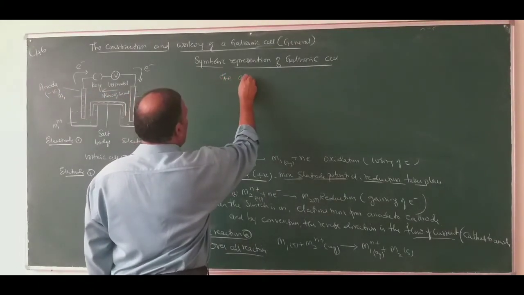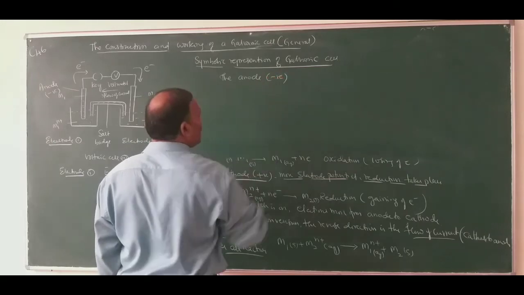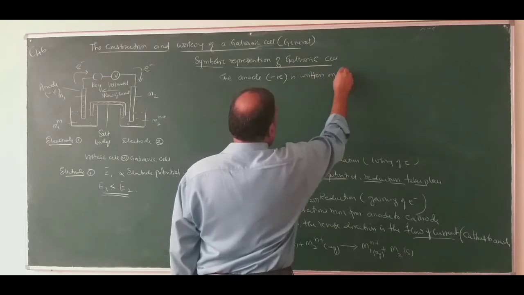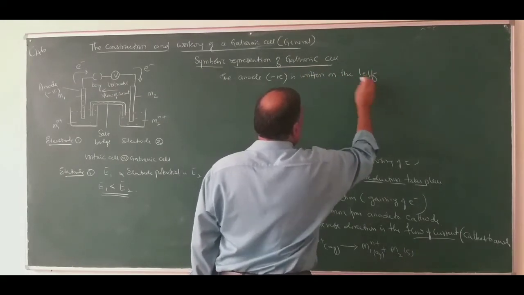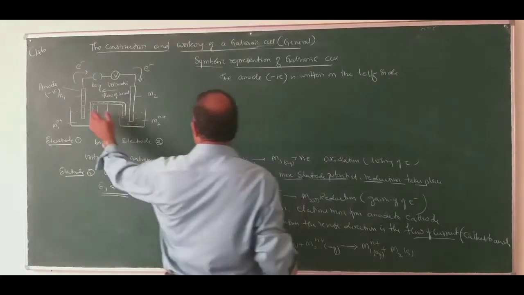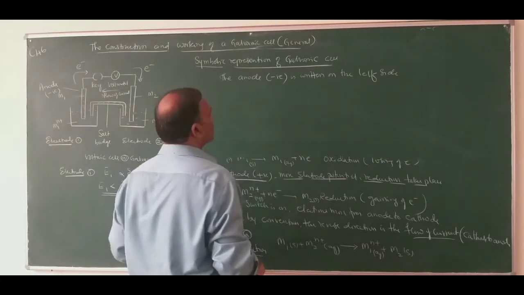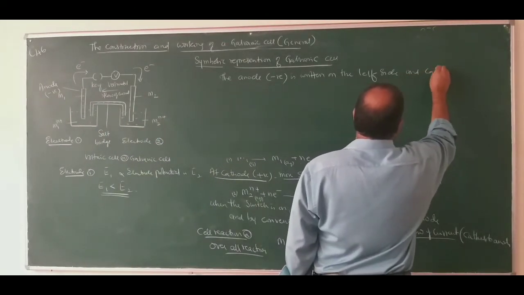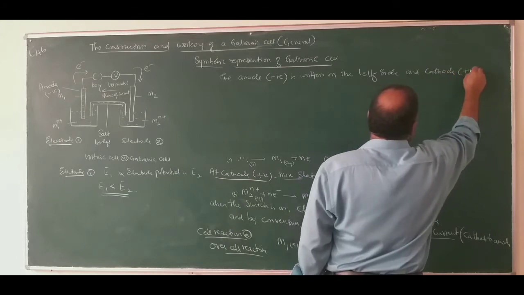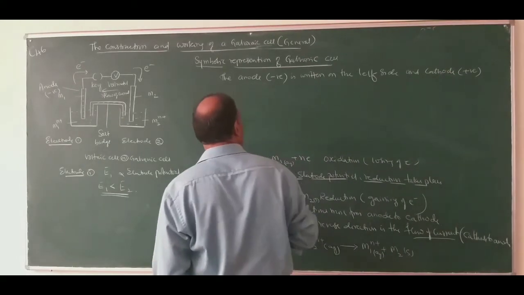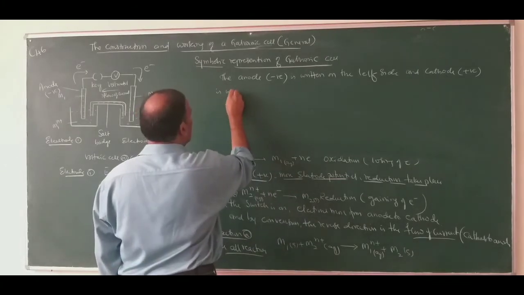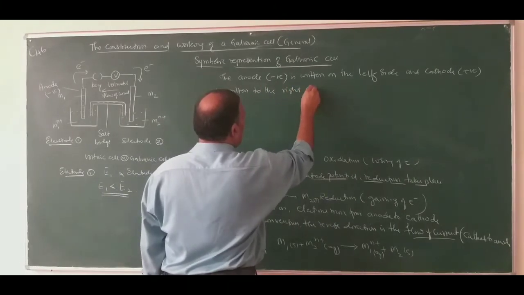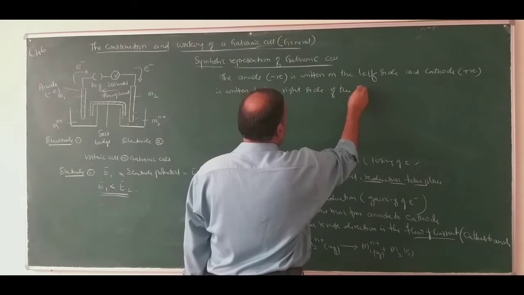The anode, the negative electrode, should be written on the left side, and the cathode, the positive electrode here in galvanic cells, is written on the right side of the salt bridge.